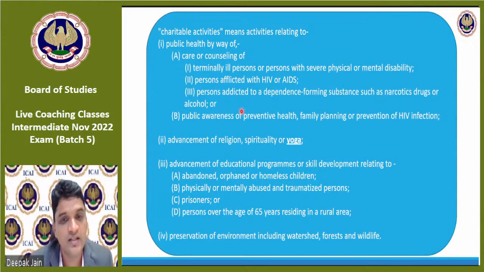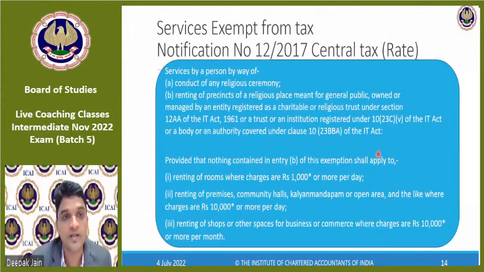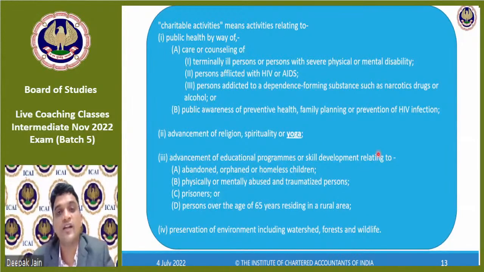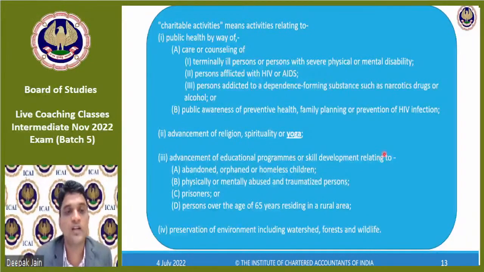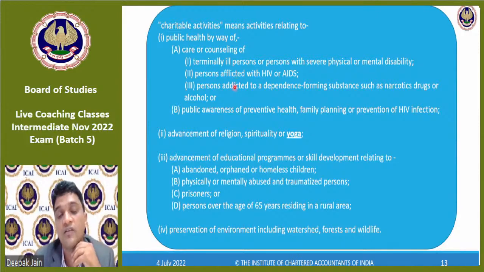Yeah, terminally ill means which is not curable. That is the meaning of terminally ill, which is generally not curable. Okay, so all those public health for care or counseling of such ill people who have been unfortunately affected by such things is covered under the definition of charitable activities.